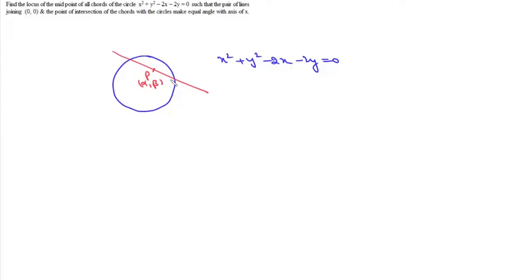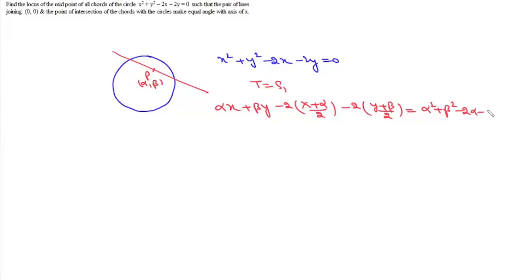Now we know that if we have the midpoint of a chord, we can write the equation of the chord as T equals S1. So this equation will be given by alpha x plus beta y minus 2 times x plus alpha by 2 minus 2 times y plus beta by 2, equal to alpha square plus beta square minus 2 alpha minus 2 beta. Now here this 2 and 2 will cancel.